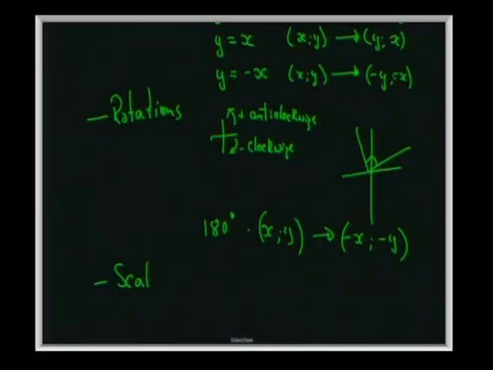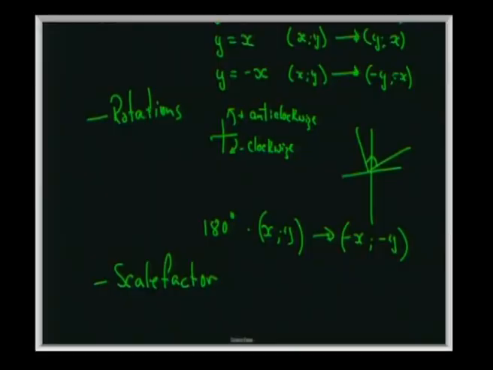The last little thing we had was a scale factor. A scale factor, all that means is that it's getting bigger or smaller. All we do is we multiply every single point by a scale factor. To summarize, with a scale factor of k, (x, y) would become (kx, ky).